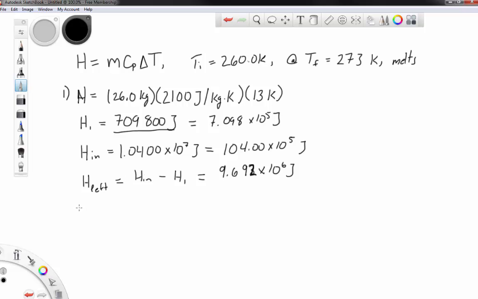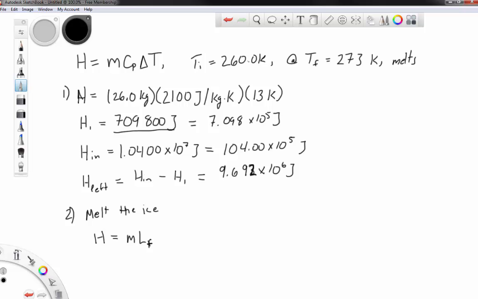So then from there, we now need to melt the ice. And to do that, we use that second equation. The heat to make a phase change is equal to the mass times the latent heat. In this case, it's latent heat of fusion.